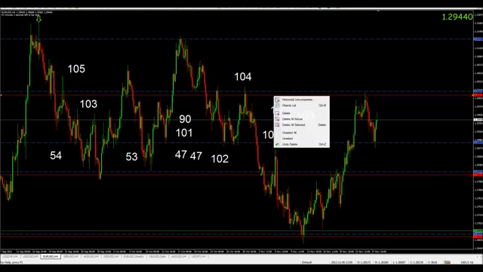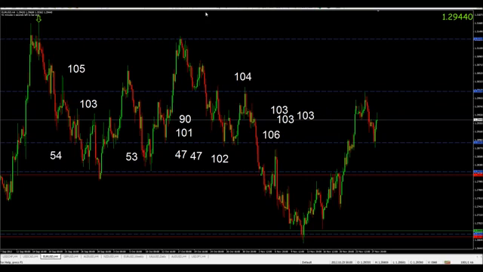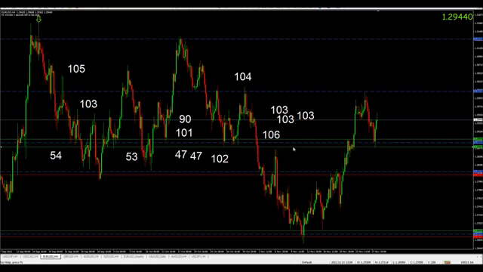Okay, so we'll get rid of that. To here. Okay. Another buy opens. And just in case it breaks through, another sell opens.